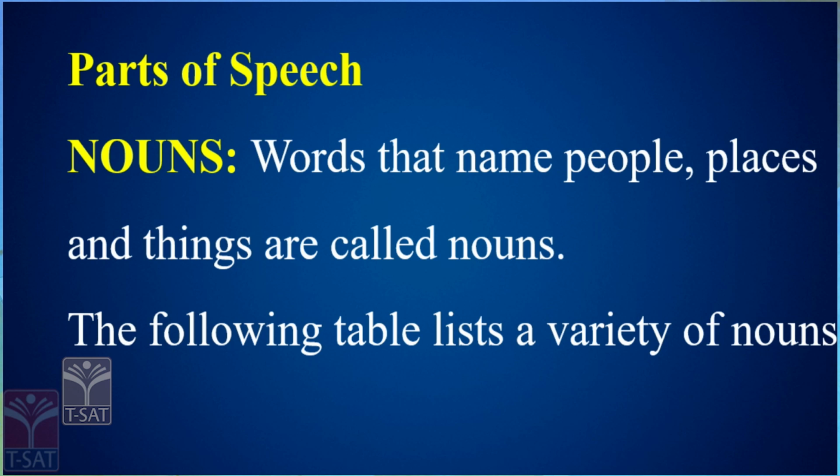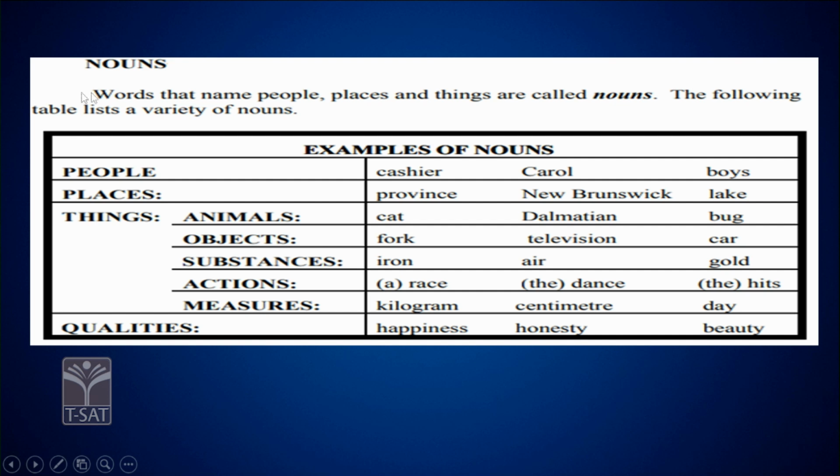If you come across any word in the sentence related to people, places and things, they are supposed to be identified as nouns. Now we can see, as we have discussed, words that name people, places and things are called nouns. The following table lists a variety of nouns.